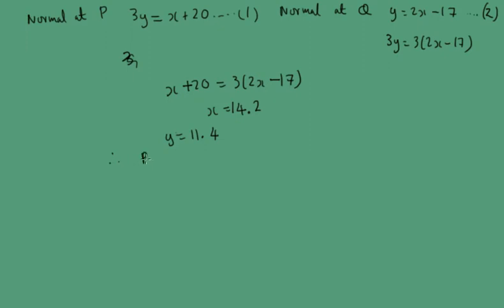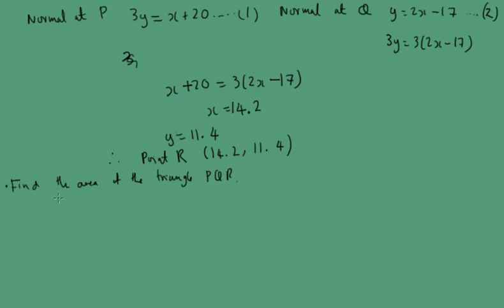Therefore, point R is (14.2, 11.4). Now, find the area of the triangle PQR.